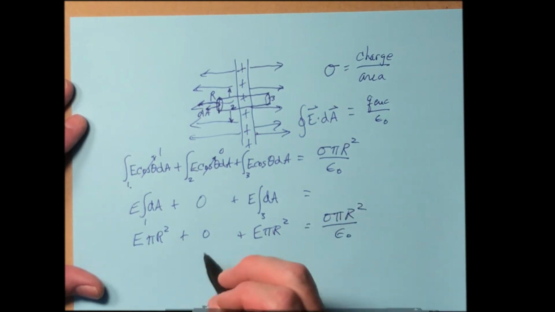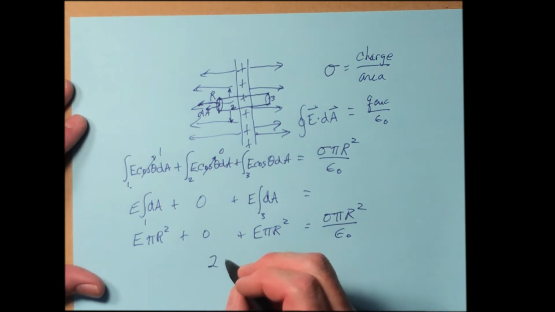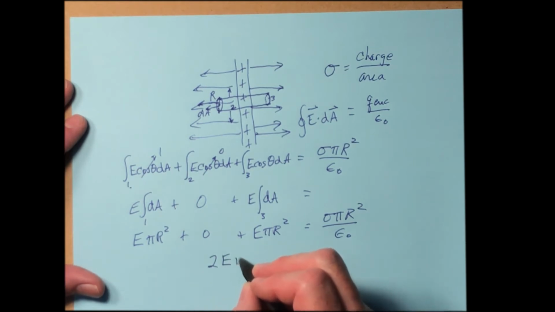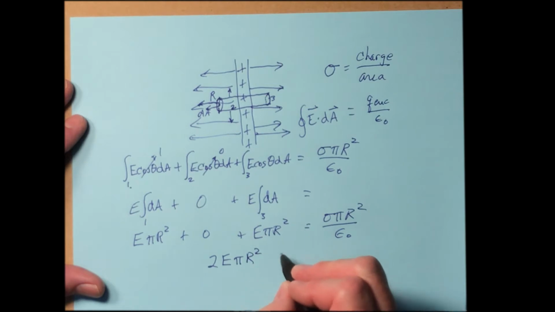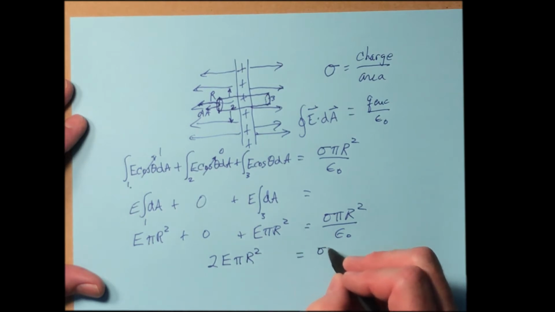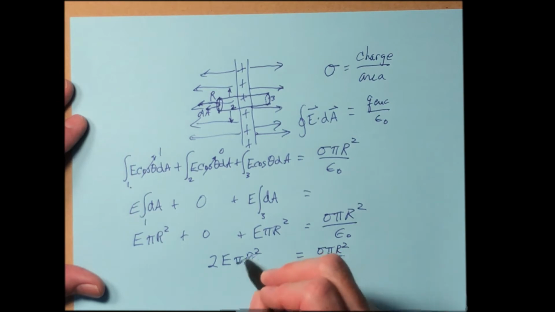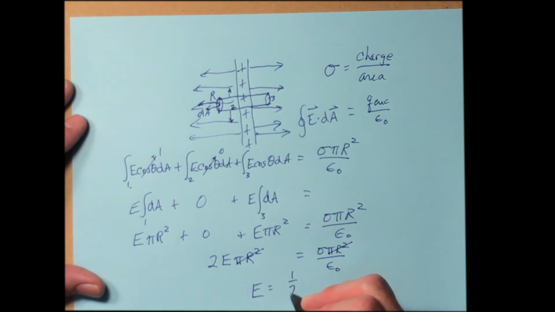So what have we got here? We've got 2 E pi r squared is equal to sigma pi r squared over epsilon naught. The pi r squareds go away. And let's solve for E. E is 1/2 sigma over epsilon naught.